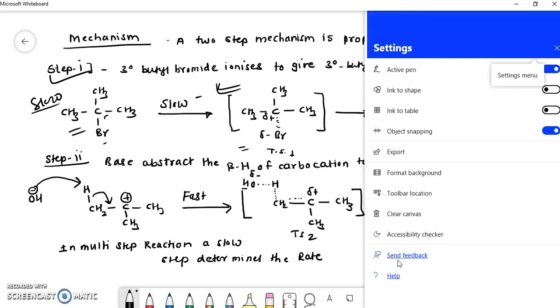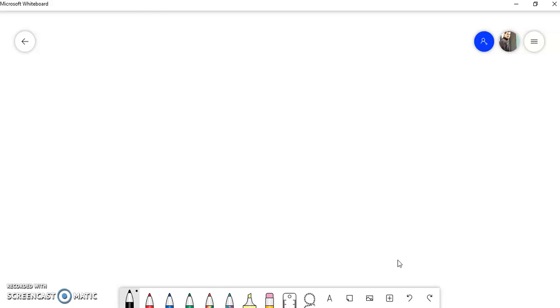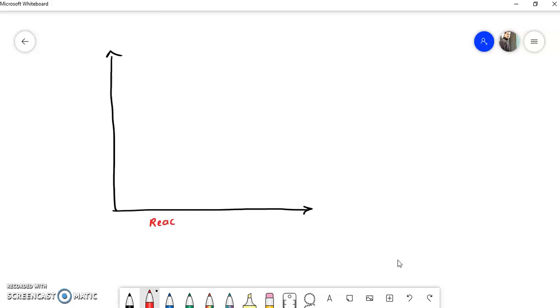Now I will draw the energy profile diagram for this mechanism. So these are the two axes, x and y axis. We know that on the x axis we always write the reaction coordinate, and on the y axis there is always the potential energy.